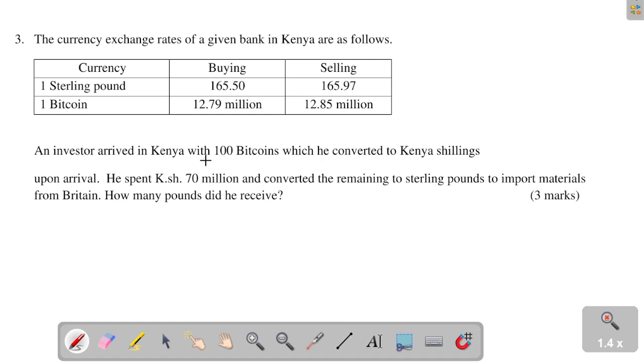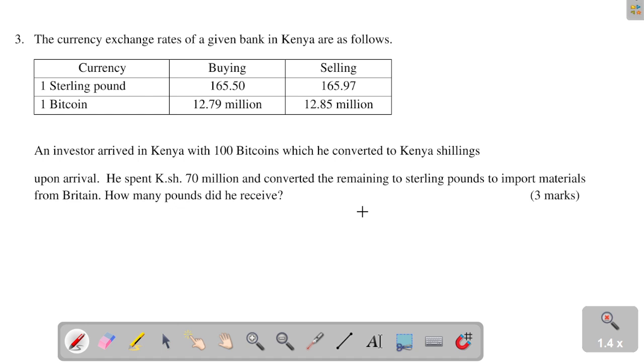So here, once someone goes into another country with a foreign currency, what the bank does is buy that foreign currency. So here now, the rate of conversion is going to be 12.79 million. Good.